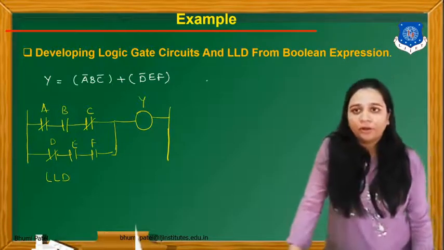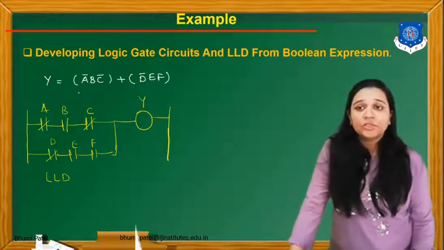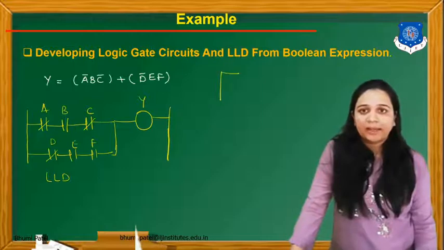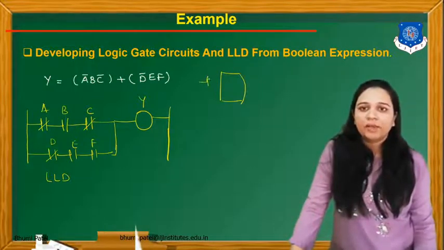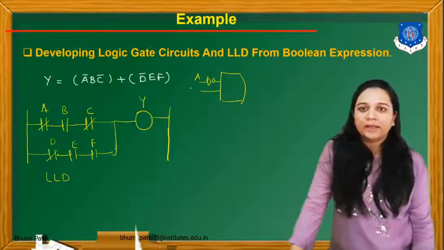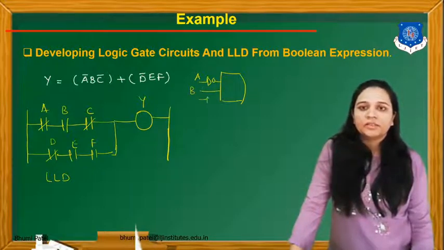If we draw the logic gate circuit, for a bar into b into c bar we put an AND gate. The first input is a bar, so a, then a NOT gate, then the output. B is given directly, and for c bar we put a NOT gate.